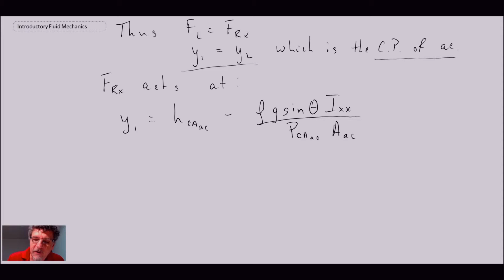Now what we can do is go in and determine IXX, theta, and AAC. AAC, if you recall, is this surface here. We have A to C. So what we're talking about is this surface right here. So let's look at the values. We have theta. Theta for that is equal to 90 degrees.